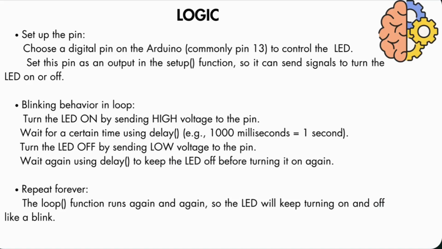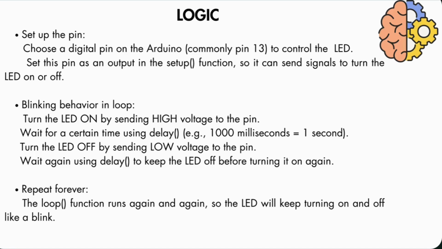Now let's see the logic of how this project works. First of all, we need to understand that a digital pin is used on the Arduino. Commonly, for an LED to be controlled, we use pin 13. Also, the behavior of the LED is that it first needs to turn on, and then wait for a few seconds.